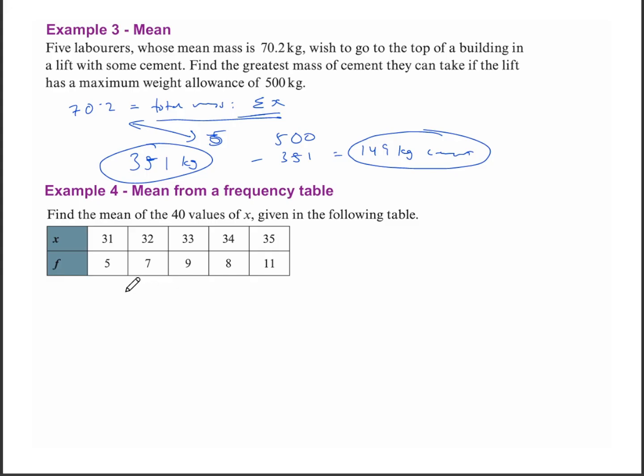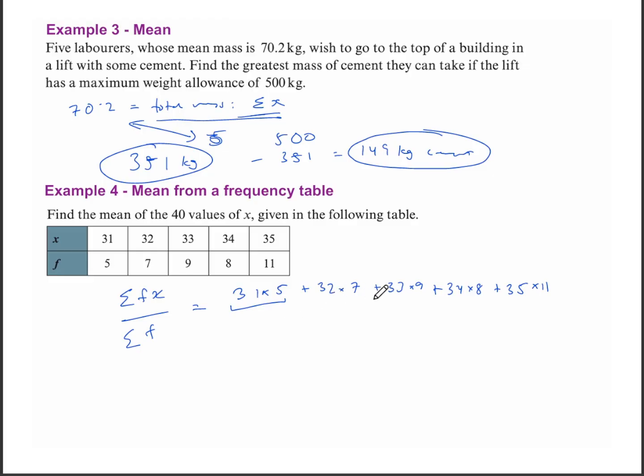And so if you want to find the mean of those 40 values, what we will have to do is this right here, the sum of fx divided by the sum of the frequencies, which equals 31 times 5 plus 32 times 7 plus 33 times 9 plus 34 times 8 plus 35 times 11. Because 31 was repeated 5 times, I am showing 31 5 times.